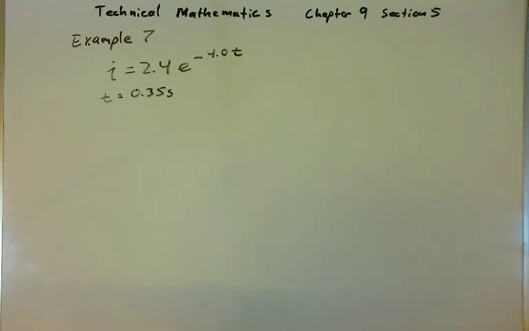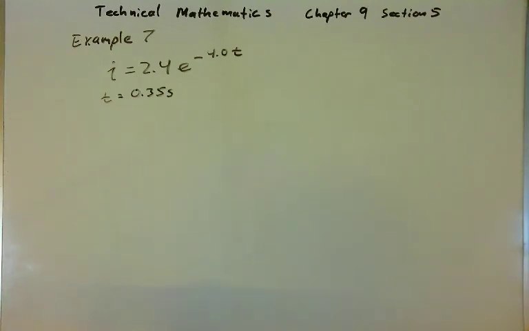This is example 7. They start by giving us a formula that I is equal to 2.4 times e to the negative 4.0t power. This is an equation dealing with electrical circuits, usually circuits that have either capacitors or inductors in them. And so if you've had any of my electrical engineering courses, you might be familiar with these types of formulas already.